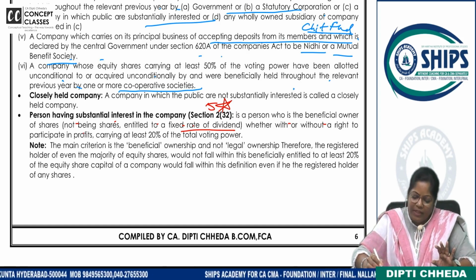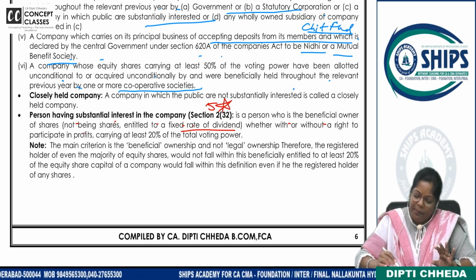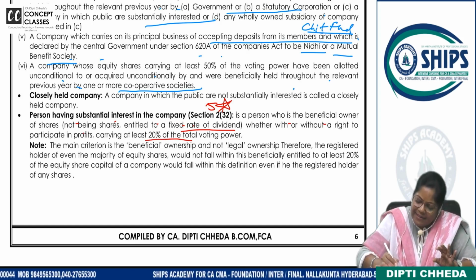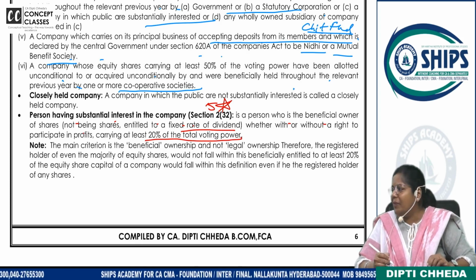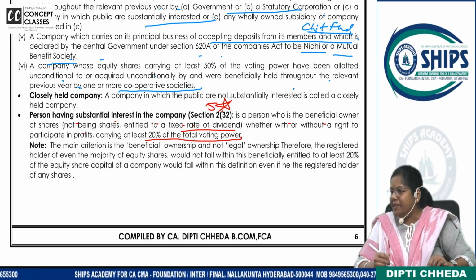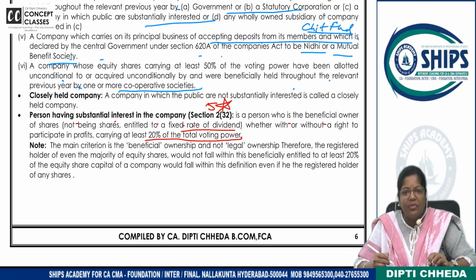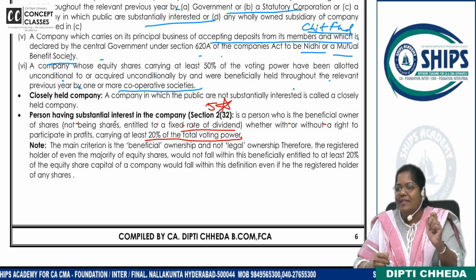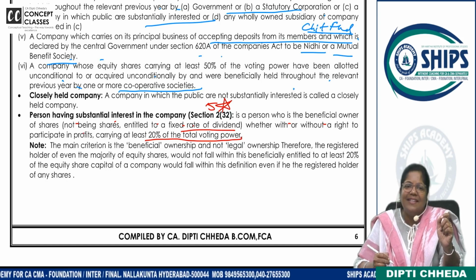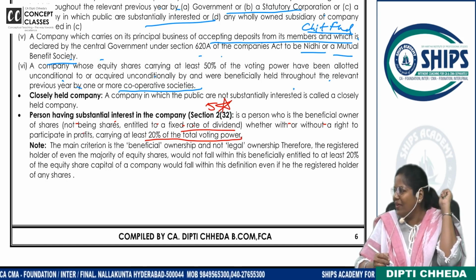Whether with or without a right to participate in the profits carrying at least. So if you have more than 20% voting power in the company, 20% से ज़्यादा shares if you are having, you are said to be who? Having substantial interest in the company. Followed or not?